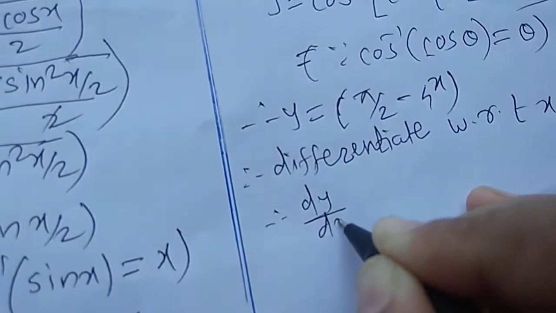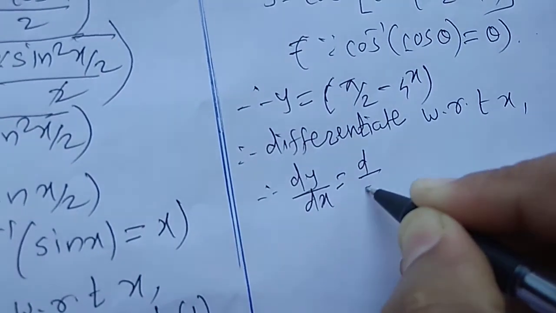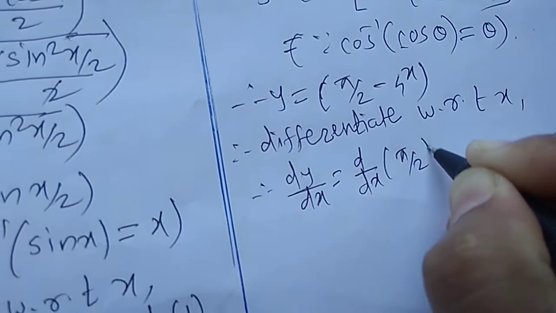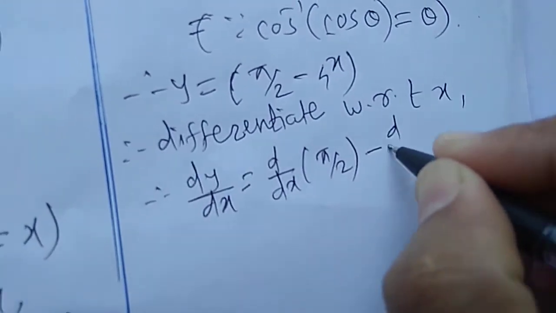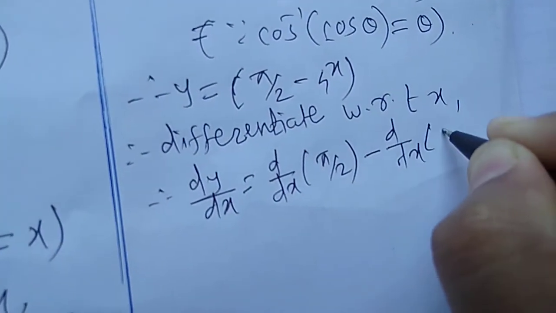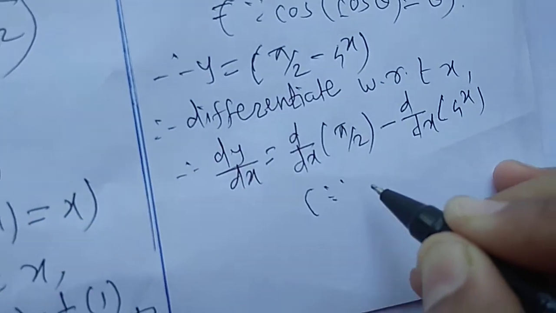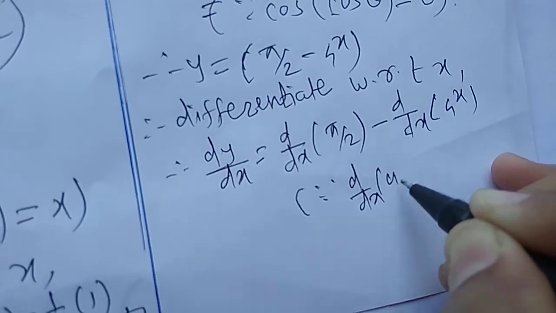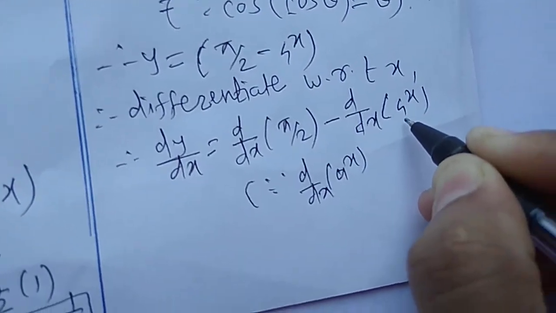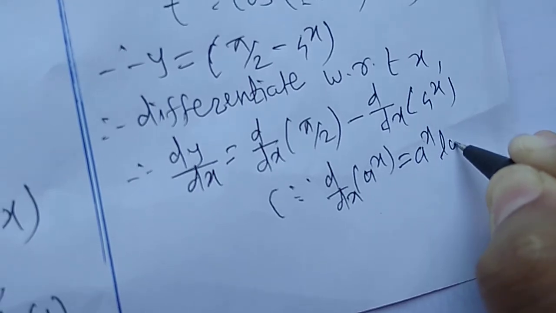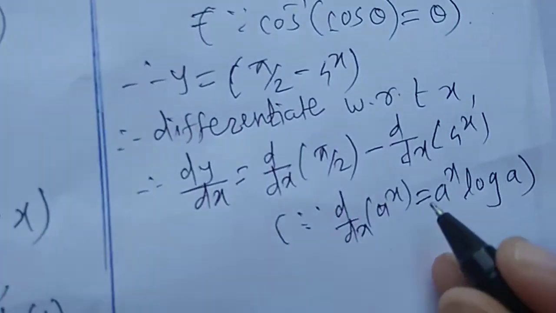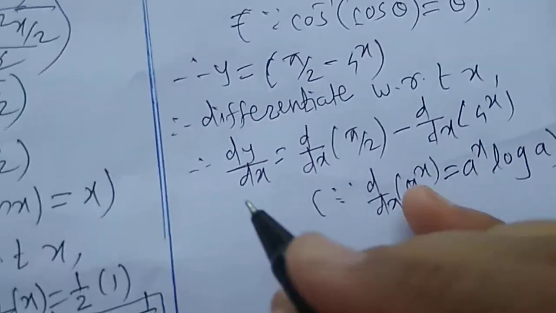Therefore dy by dx is equal to d by dx of pi by 2, which is constant and its derivative is 0. Next, d by dx of 4 raised to x, and we know the formula d by dx of a raised to x, where a is constant, here a means 4, and its derivative is a raised to x log of a. So by using this formula we can find the derivative.